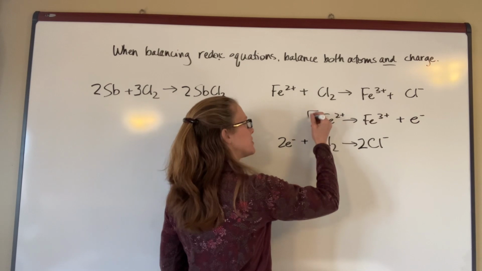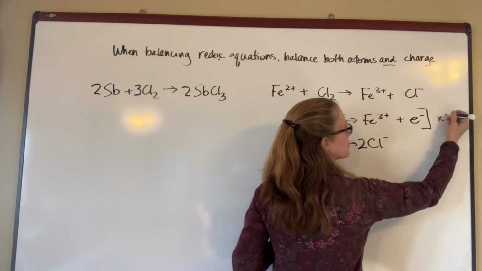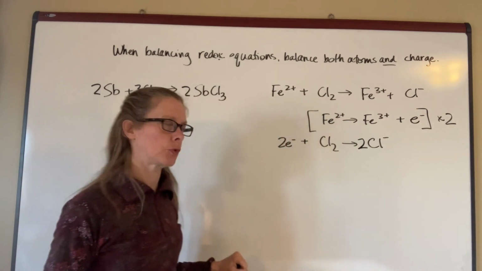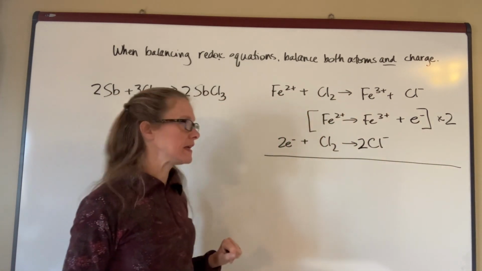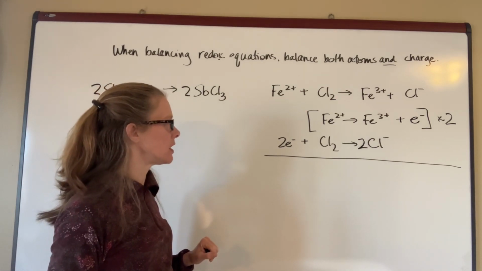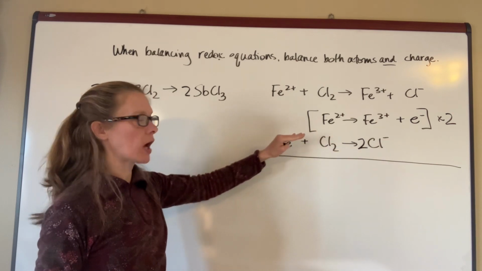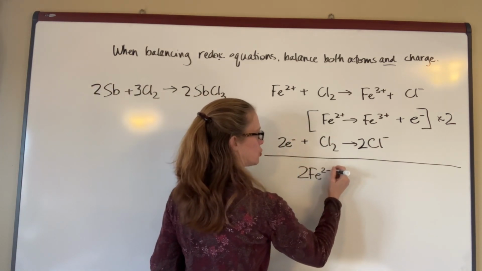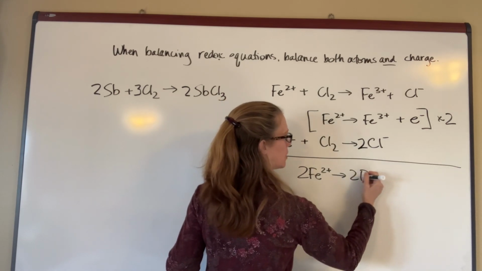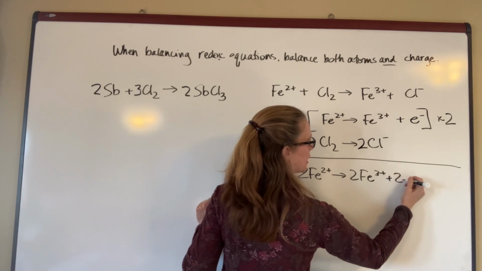So then I will have to take this entire equation and multiply it through by 2. I'm going to multiply through the top equation by 2. So I'm going to have 2 Fe2+ yields 2 Fe3+ plus 2 electrons.